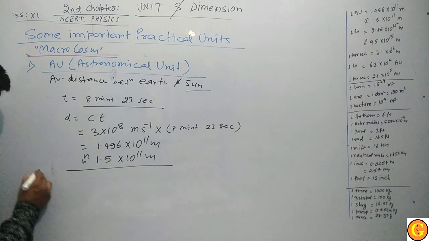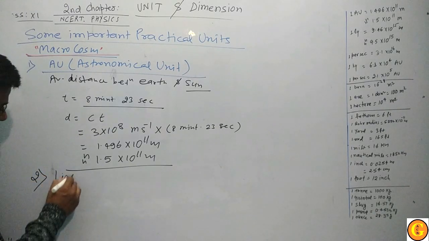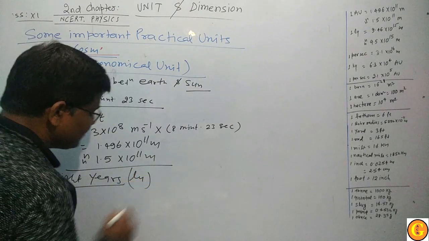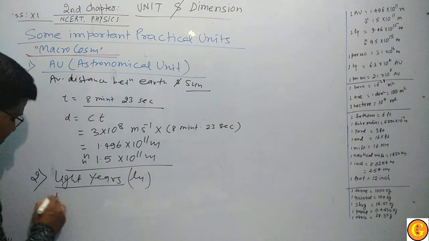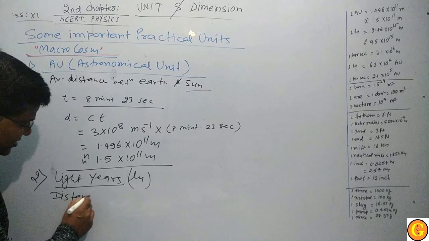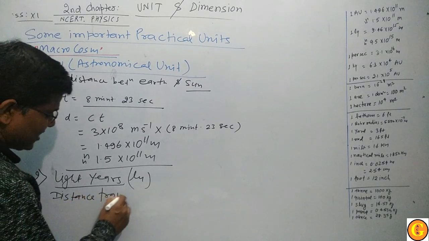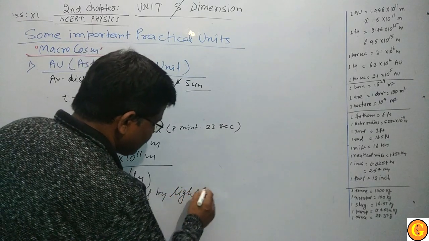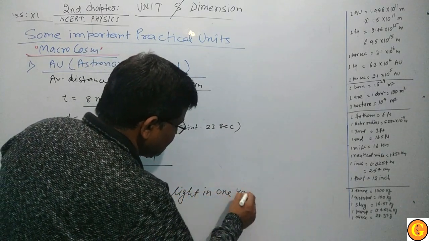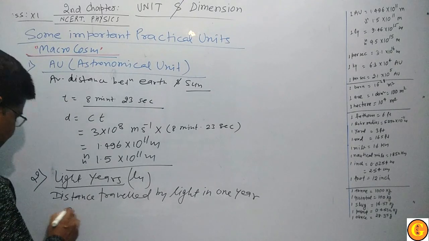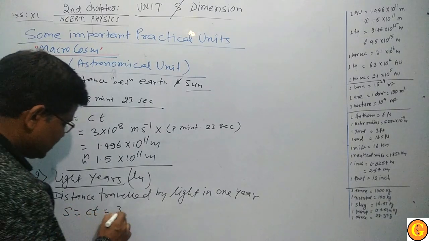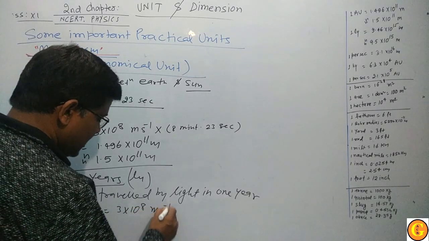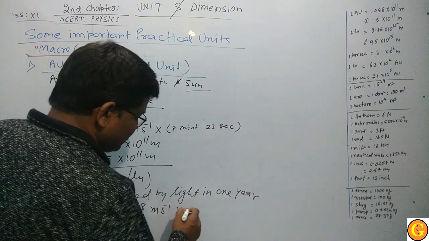The second thing is the light year. The light year is the distance traveled by light in 1 year. Again I use the formula s equal to ct, with 3 into 10 to the power 8 meter per second and the time of 1 year.